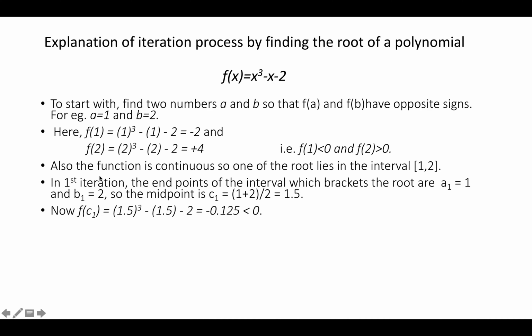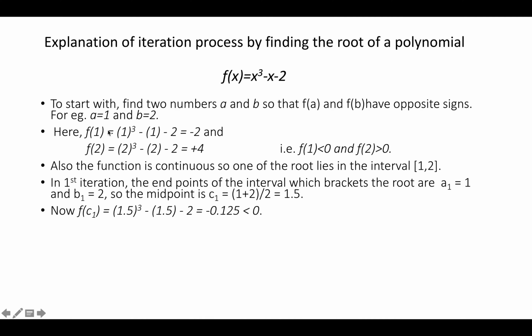If you replace 2 with 1.5, then the product of the two functions, the first one at a equal to 1 is negative, and at the new value of b the function is also negative. So it will not have any 0 in between these two.